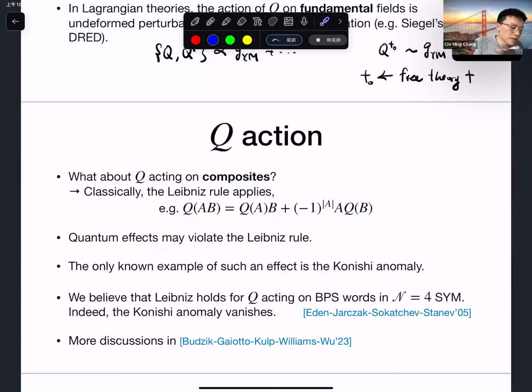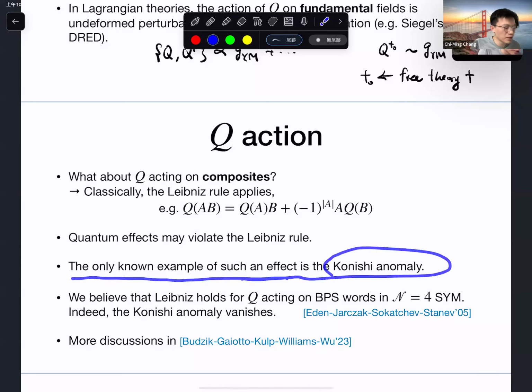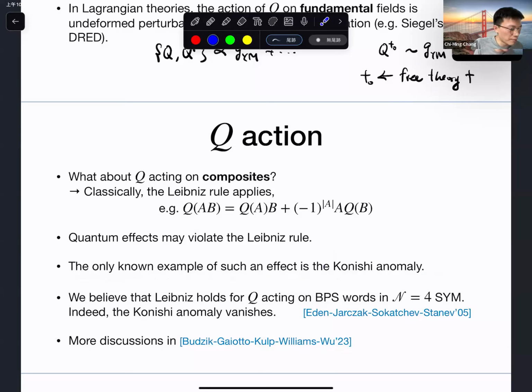Because of this, we do not have a proof of the non-renormalization conjecture, but we can see what the examples are of quantum effects that violate the Leibniz rule. As far as I know, the only known example of such an effect is the conformal anomaly, but in N=4 Young-Mills, there is no conformal anomaly, so we believe that the Leibniz rule of Q actually holds in N=4 Young-Mills. There is more discussion on this point in this paper, but I will not go into detail. And so in the following of the talk, I will just assume the non-renormalization conjecture.